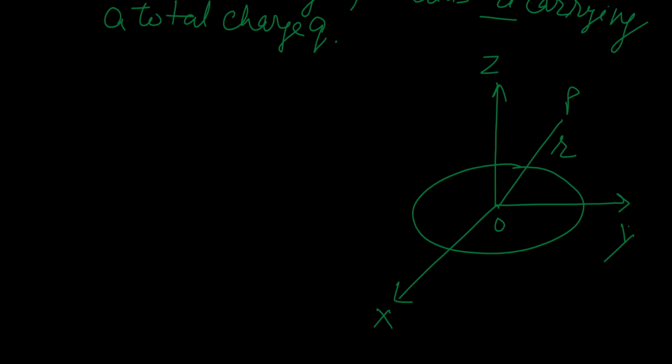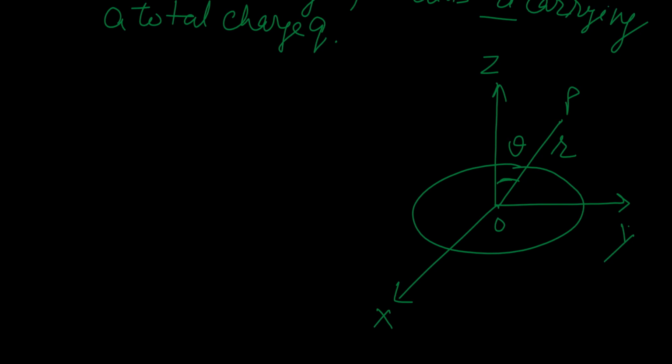We let the polar angle be theta. It means the radius vector of point P, which is r, makes an angle theta with the azimuthal axis, that is the z axis. Now we have to find potential at this very point by the use of Laplace equation.